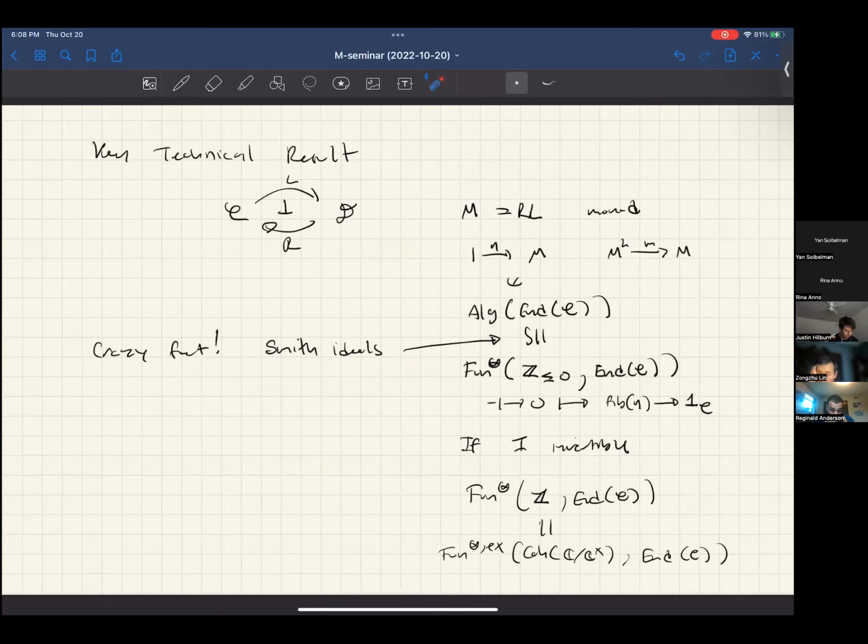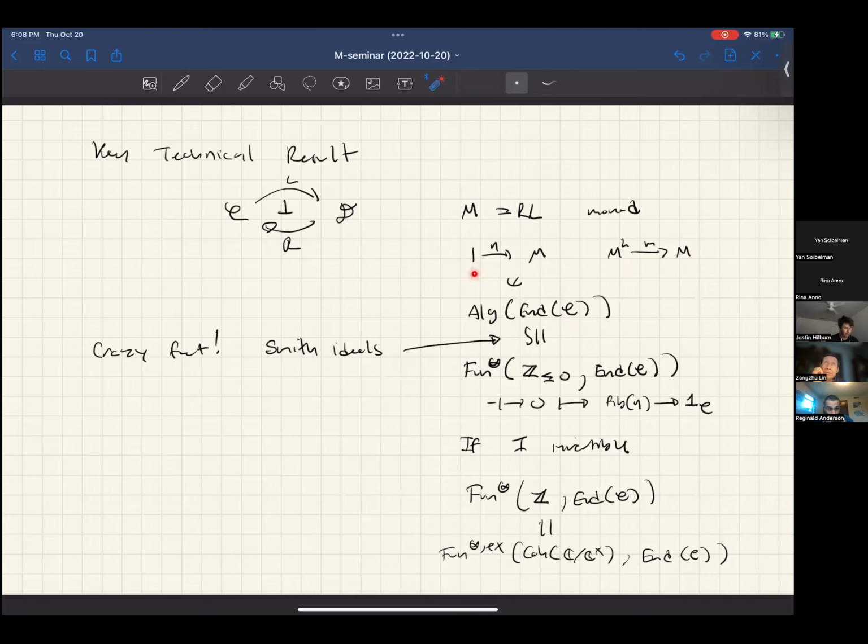One can ask the question: suppose that I have just an adjunction between 2 categories. So one has a monad, which is just R times L. And that comes with the structure of basically a unit map and then a multiplication map. And that gives you some algebra inside of the endomorphisms of C. And it's possible to form the fiber of this map from 1 to M. So you can think of that as the kernel.